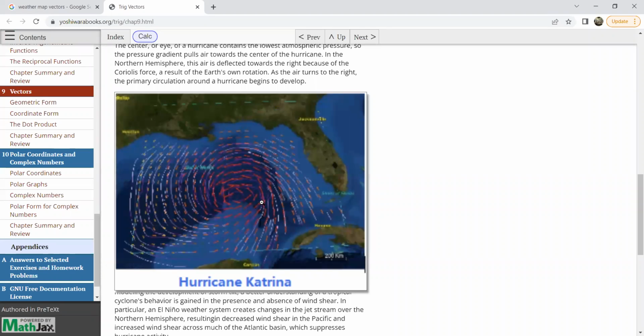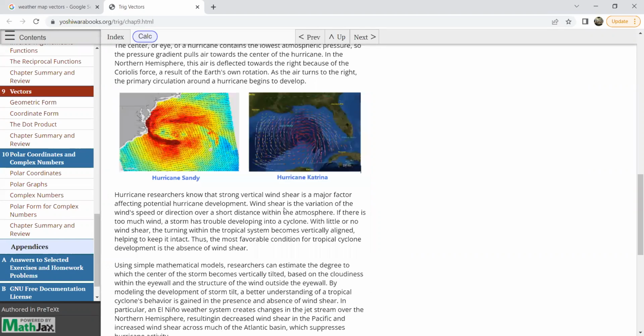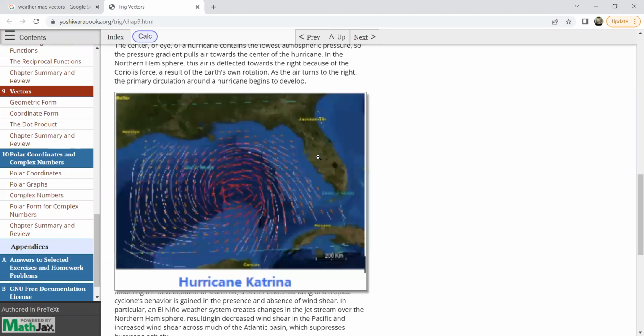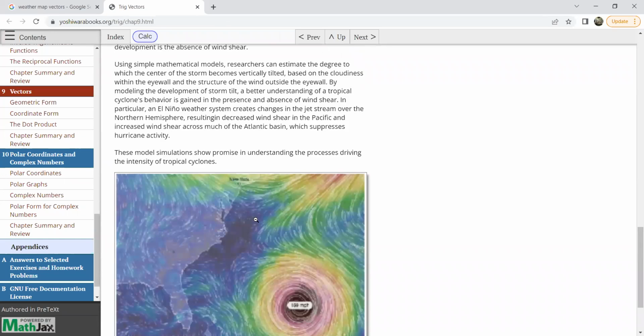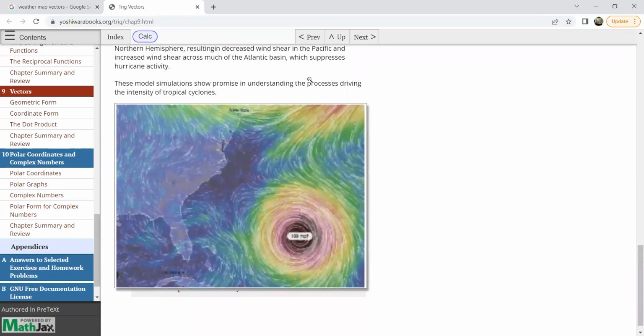If you think about these vectors with smaller magnitudes, it shows the behavior of this hurricane, Katrina, for example, much more easily. Locally, you can see these behaviors much more easily. So one method is to use unit vectors.